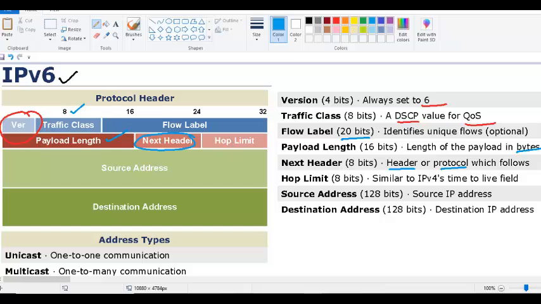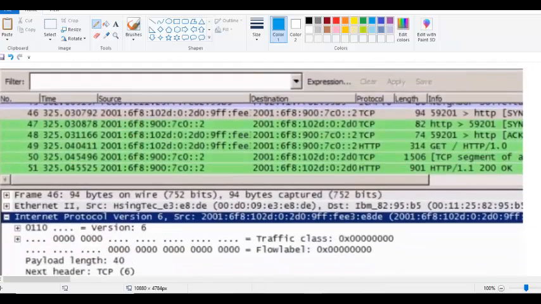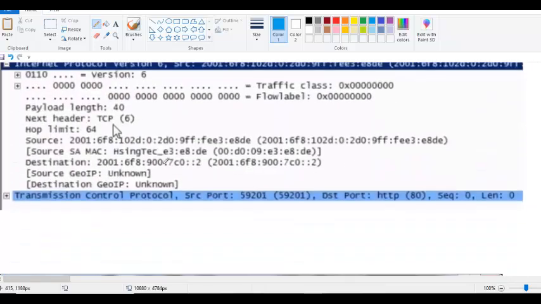You see, I have screenshots of both. This is talking about the next layer. What is the next layer? TCP, the transport layer. So the next header of IPv6 says TCP.